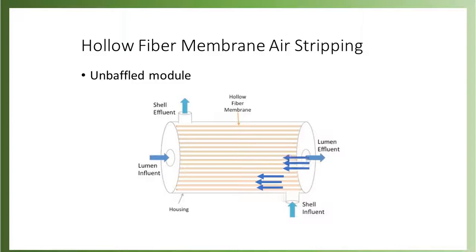But the problem was it actually goes kind of like that. And as a result, a lot of the original work that was done with these got reasonable removals, but they weren't as good as they could be. And so that led to a modification of this system.